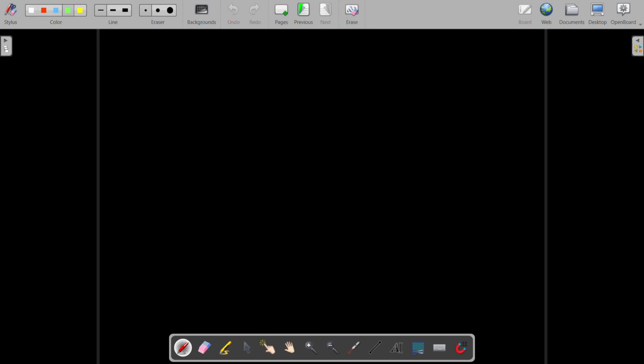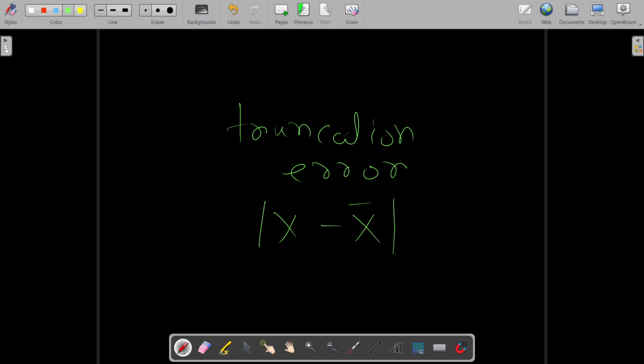So truncation error can be written as the mod of x minus x star, where x star is the estimated value and x is the actual value. It means we are determining the magnitude of deviation of the approximate value from the actual value.